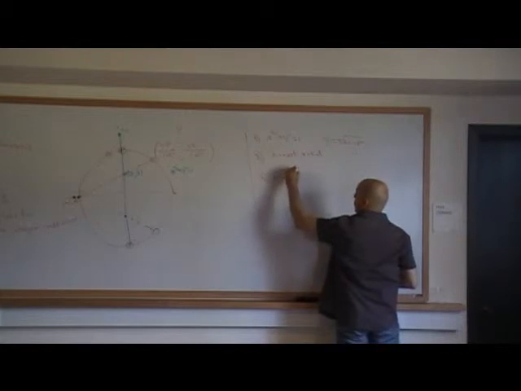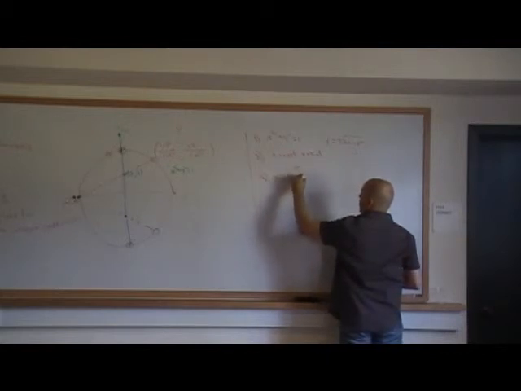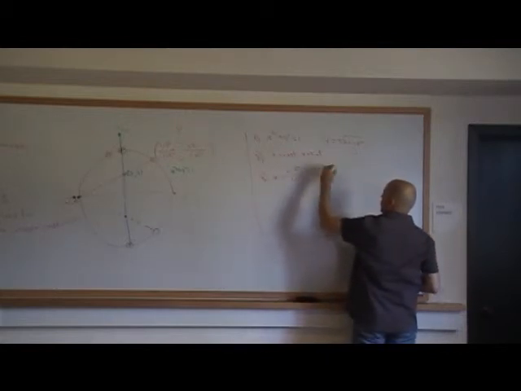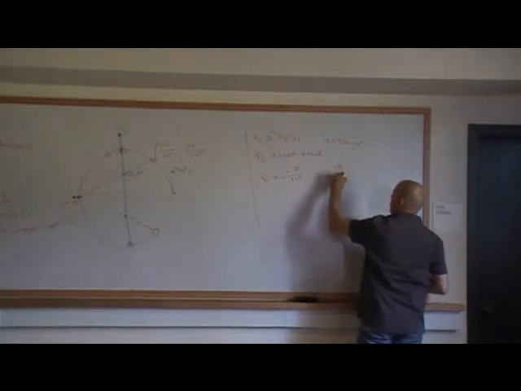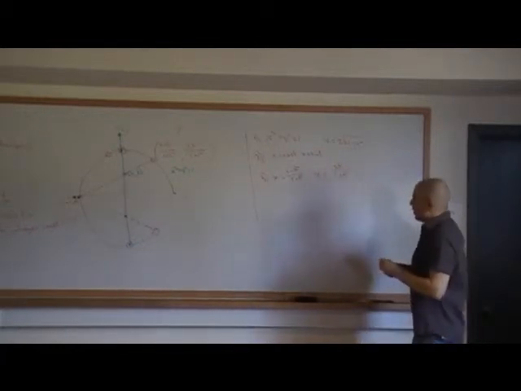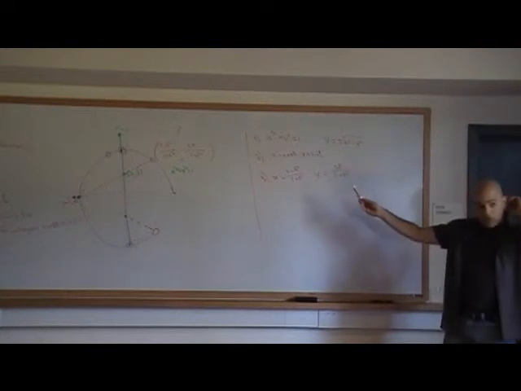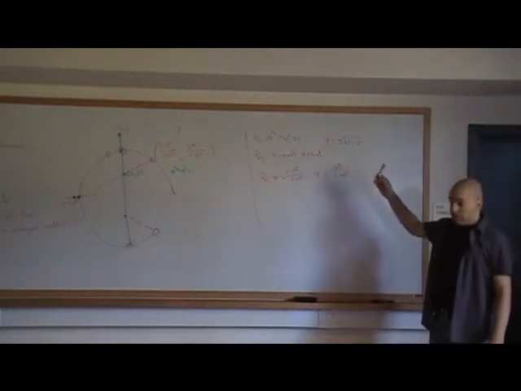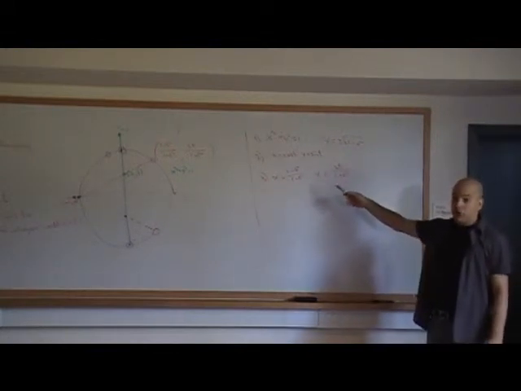X is 1 minus t squared over 1 plus t squared, and y equals 2t over 1 plus t squared. As I said before, this last one is as good at doing circles as any of the others.